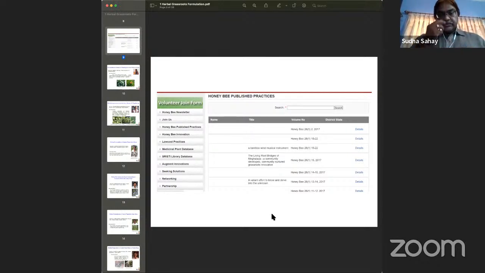If you open this page on the SRISTI website, the medicinal plant database, and put any name of a disease or pest in the search icon, you will see the different kinds of practices mentioned in the Honey Bee database. I am showing you some examples of the practices with their innovators.